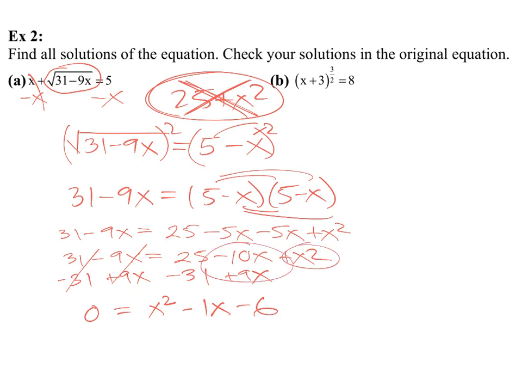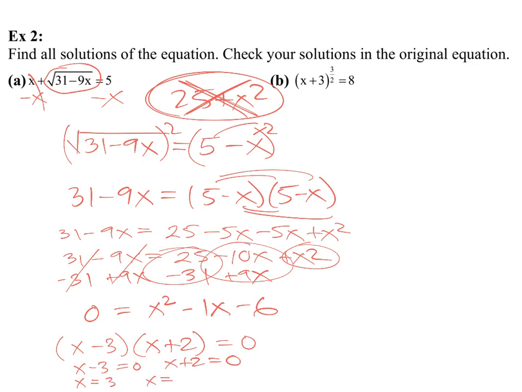Okay, so now I could factor this. I get x minus 3 times x plus 2. And I just set each of the factors equal to 0. And I get x equals 3, and x equals -2.